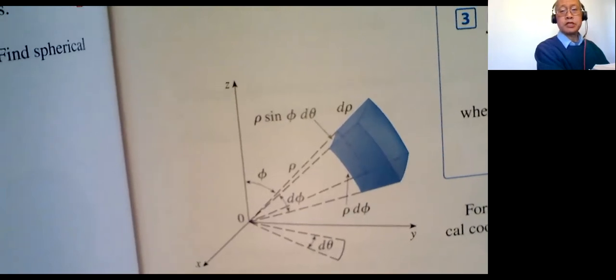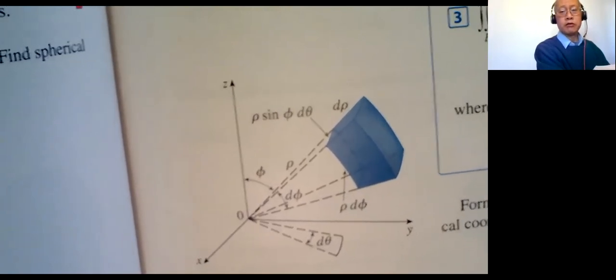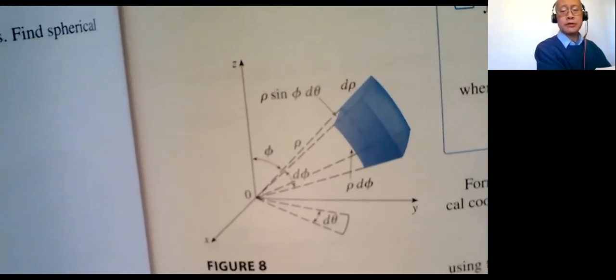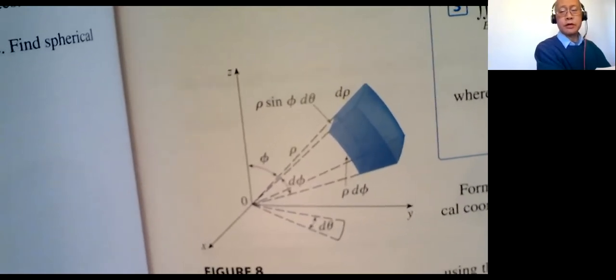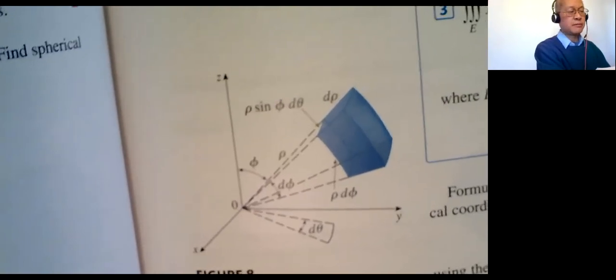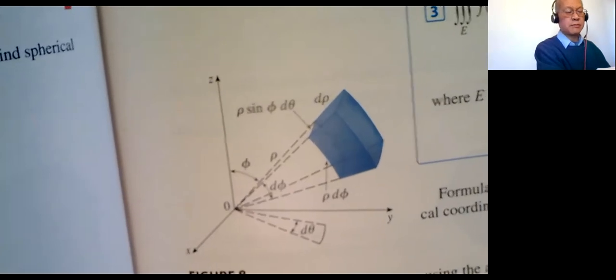The other one, rho sine phi d theta, is the same as r d theta from last time. And then you have a d rho. Multiply them all together. You have a rho times another rho, which is rho squared. You have a sine phi, and then a d rho d theta d phi. That's your little delta v.